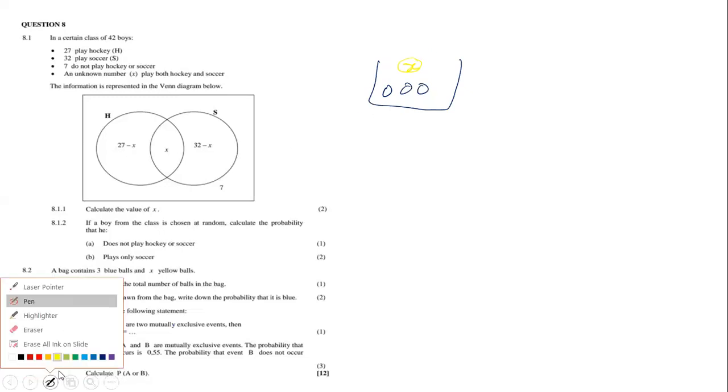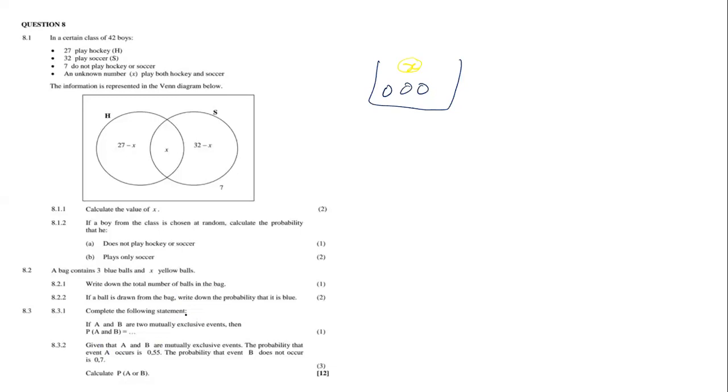All right. So now, write down the total number of balls in the bag for number 1. How are you going to write the total number of balls, 8.2.1?